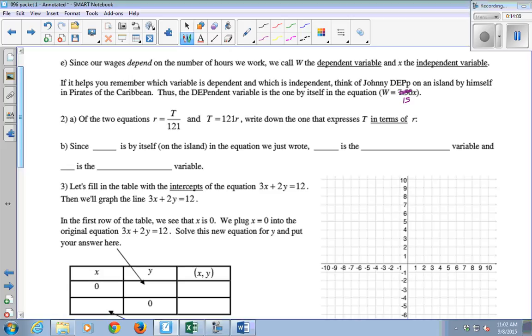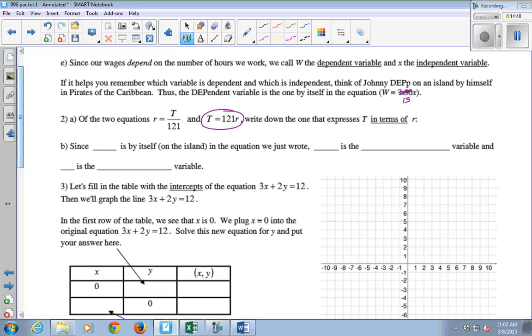Okay, of these two equations, where we have R equals T over 121 and T equals 121 times R, which one expresses T in terms of R? T equals 121R, yeah. T in terms of R means the equation should look like T equals some stuff with R's in it. So that is the one, T written in terms of R. Now, looking at that equation, T equals 121R, which variable is by itself?